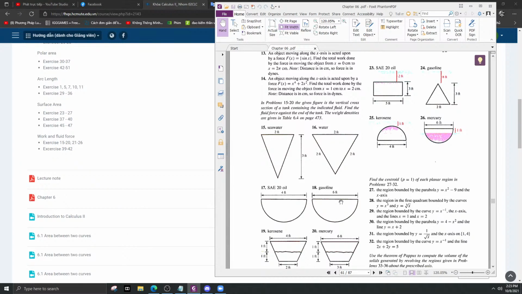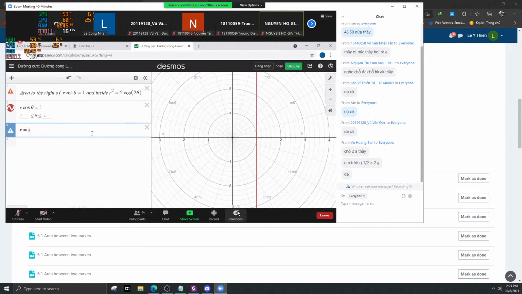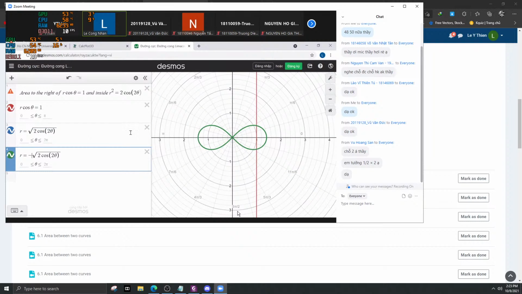And to sketch the lemniscate, we sketch two curves: r equal square root of 2 cosine of 2 theta, and r equal minus square root of 2 cosine of 2 theta. So we get the lemniscate. The region is to the right side of the line but inside the lemniscate, this region.